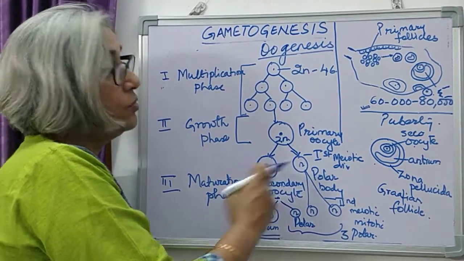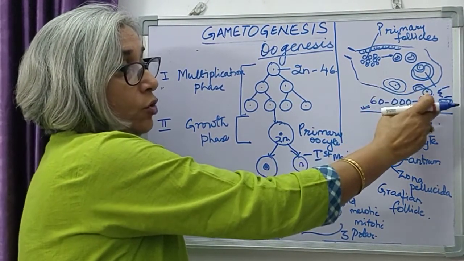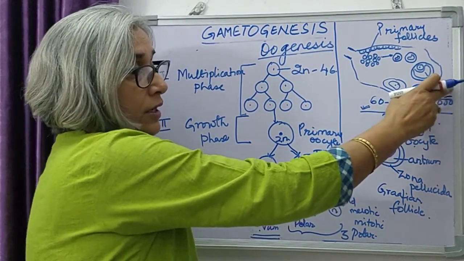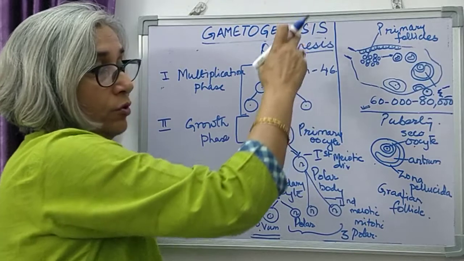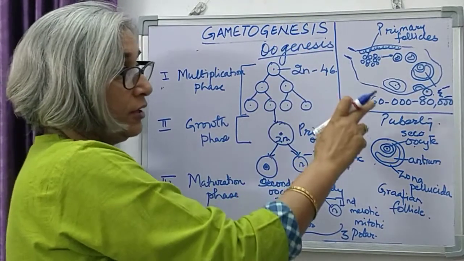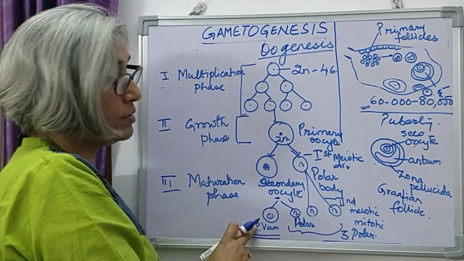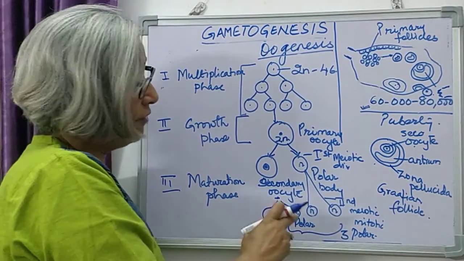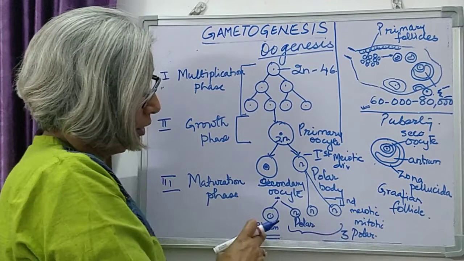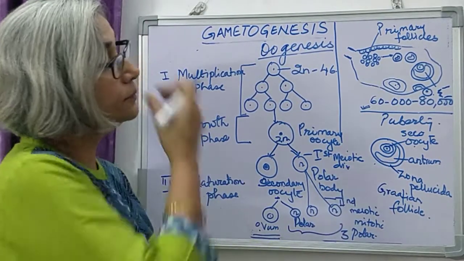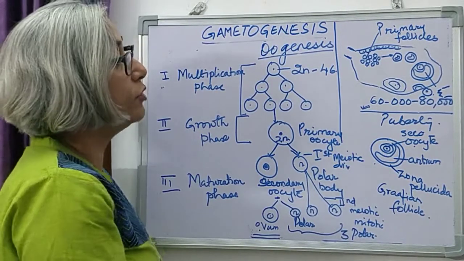Then this secondary oocyte is released from the ovary and is picked up by the oviduct and moves up in the oviduct to the uterus, and if it comes in contact with the sperms, fertilization occurs and the ovum is formed at that time. Finally, 3 polar bodies and 1 ovum are formed. This is the structure of the Graafian follicle.